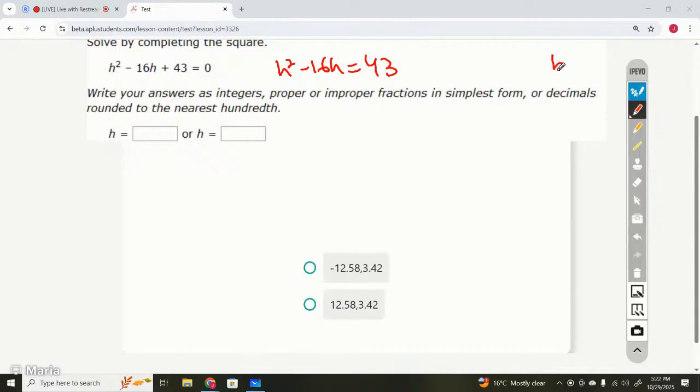So b is negative 16. So b by 2 square is 8 square, right?